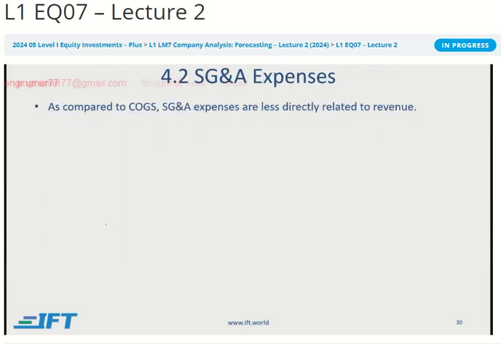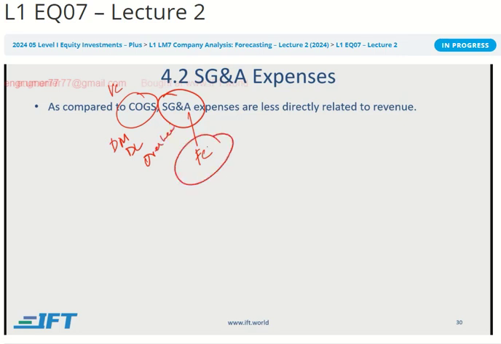And then moving to your selling, general, and administrative expenses, they are even more or less directly related to revenue, right? So there'll be a larger portion of fixed cost over here, especially with respect to admin. In COGS, there will be definitely a larger portion of variable cost because you have direct material, direct labor, etc. And manufacturing overhead is probably a smaller part of your COGS.